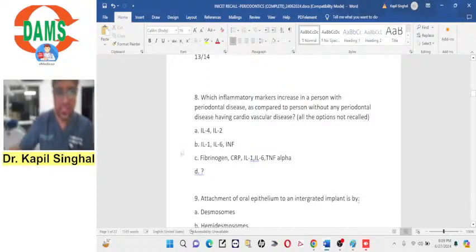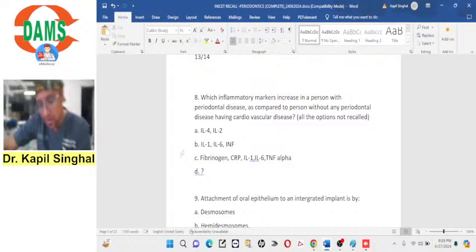Next question. Which inflammatory markers increase in a person with periodontal disease as compared to a person without periodontal disease, having cardiovascular disease? Again the options are not recalled, but what he is asking is: what are the common inflammatory markers for cardiovascular patients and periodontal disease?